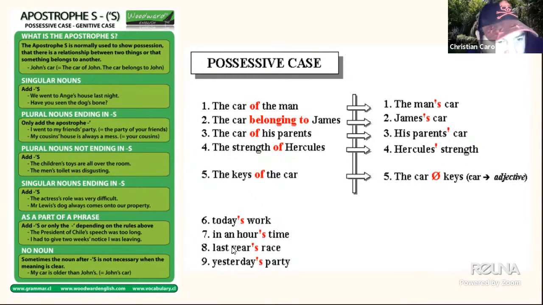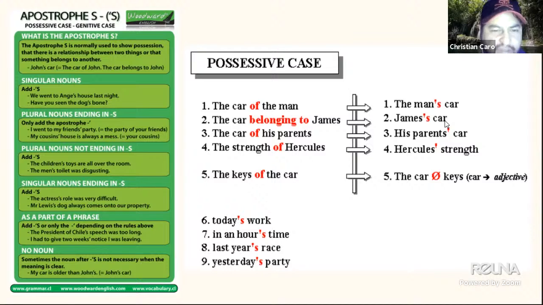What else? Singular nouns ending in S. Claro, como Mr. Lewis, the actress, Carlos, Jesus, James. So all of them finish with S. So in that case, the rule says that we should put apostrophe S. But I've seen a lot of people just taking off the S. Entonces queda como James' car.